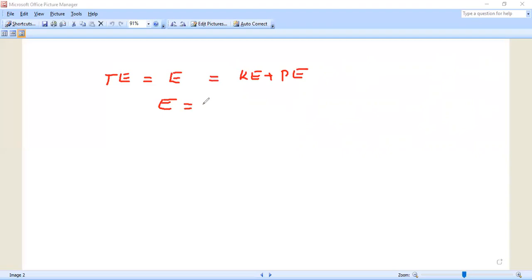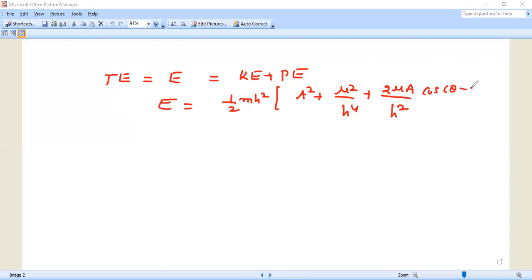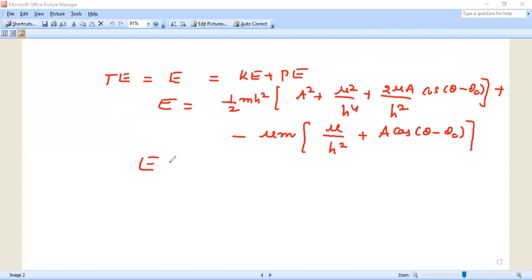Then E is equal to kinetic energy, what we get, half m h square, a square plus mu square by h power 4 plus 2 mu a by h square cos of theta minus theta naught, plus potential energy expression we got, minus mu m into mu by h square plus a cos of theta minus theta naught, right?